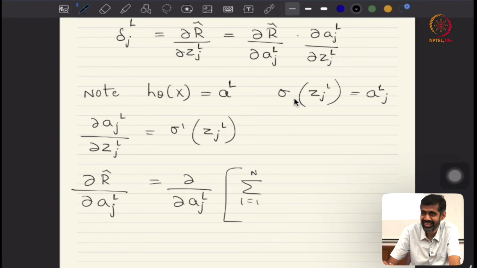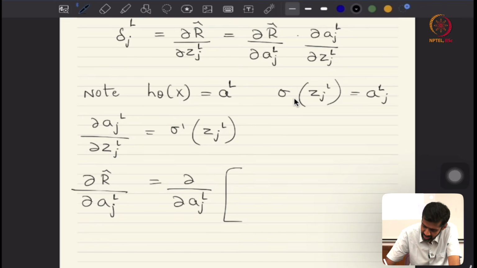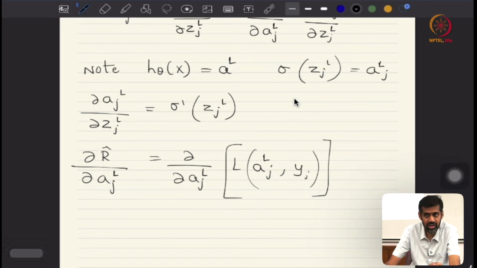So, this is equal to ALJ and you have YJ, the J component of the particular output. You see this? This is what it is. Depending upon what your loss function is, you compute it this way. And this can be computed because we know what the loss function is.